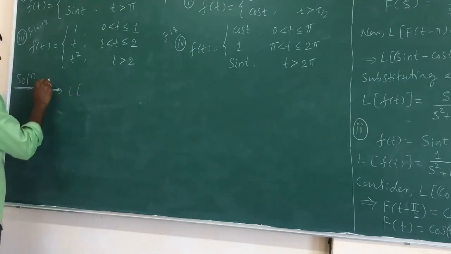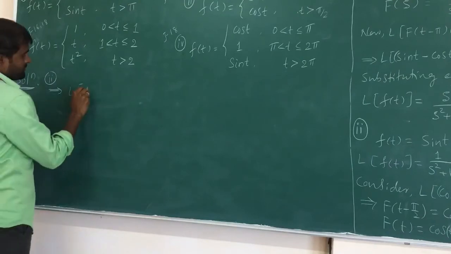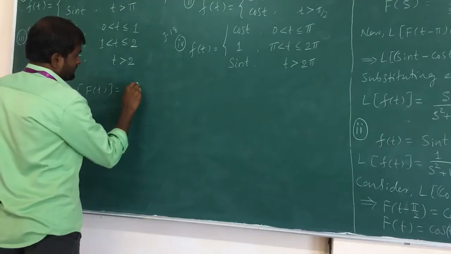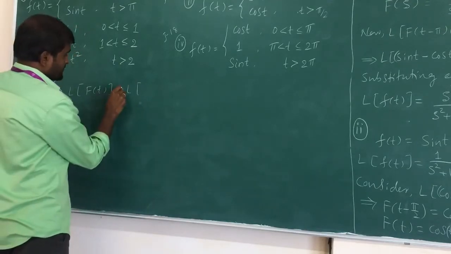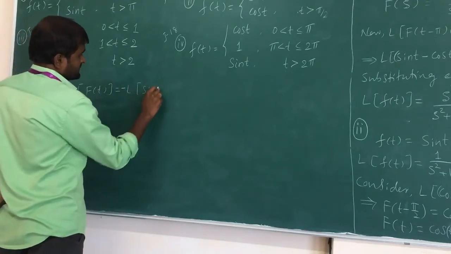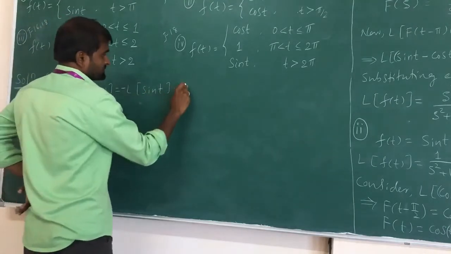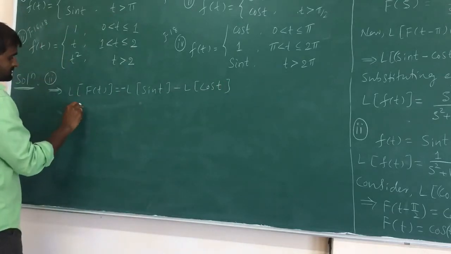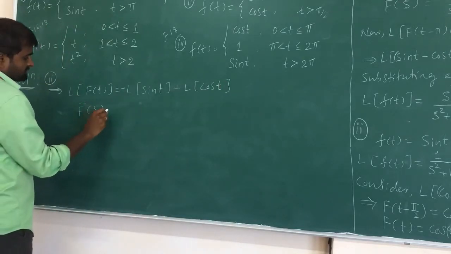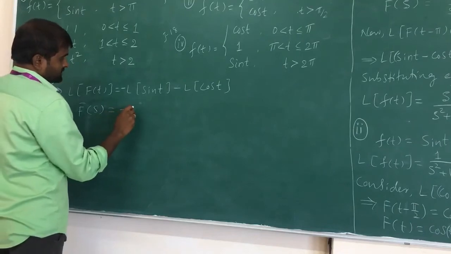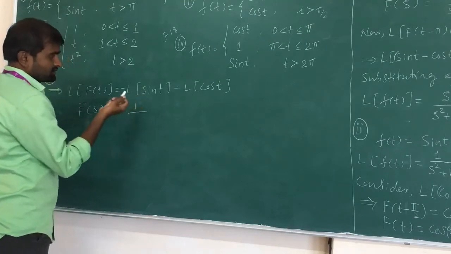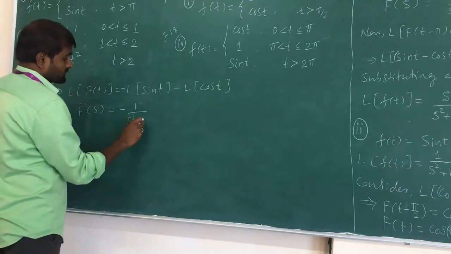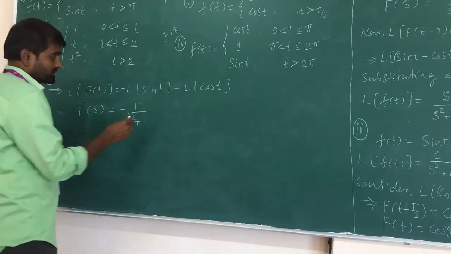L of capital F of t equal to minus L of sin t minus L of cos t, right? And this conjugate of capital F of s equal to minus of, so a is 1. L of sin t is a by s square plus a square, so a is 1, so that's 1 by s square plus 1.